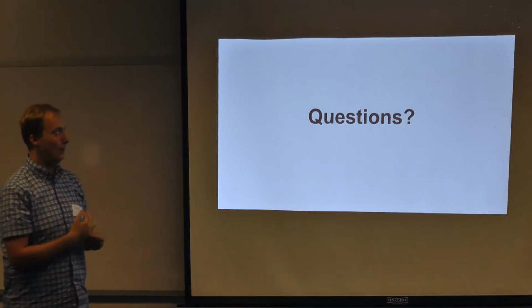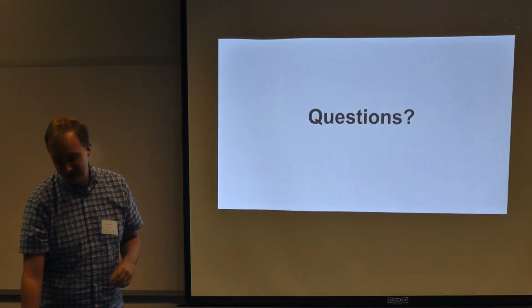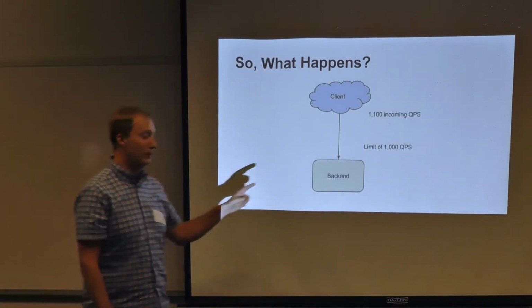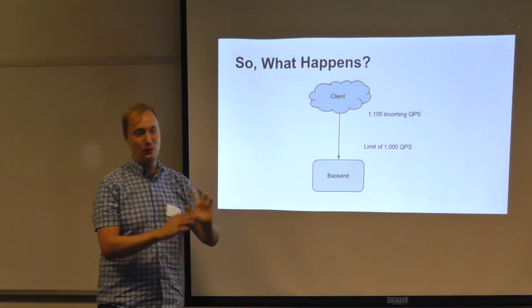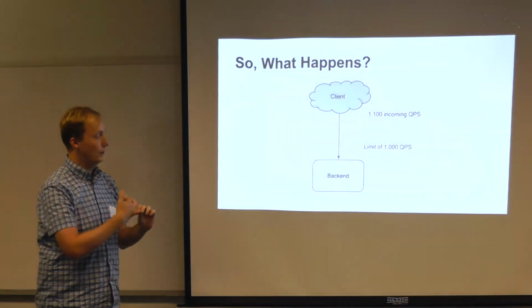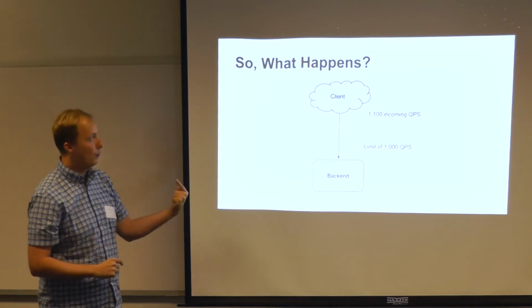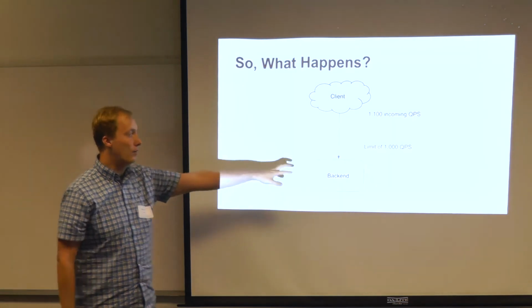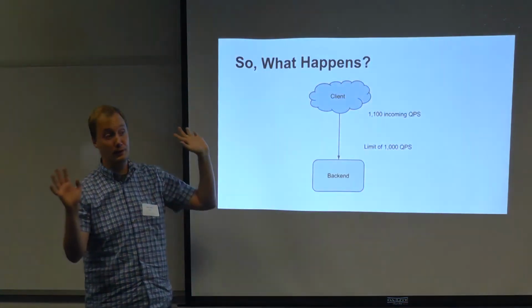So the retry scenario I was talking about earlier only works if the backend is really, really disciplined and says, no, I can't handle this request, and only handles the requests that it can possibly succeed. If the backend doesn't have any of this behavior, the minute you go to 1,001 QPS, the system can totally fall over.